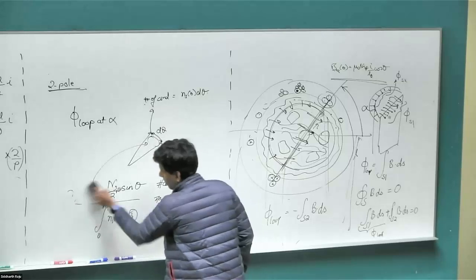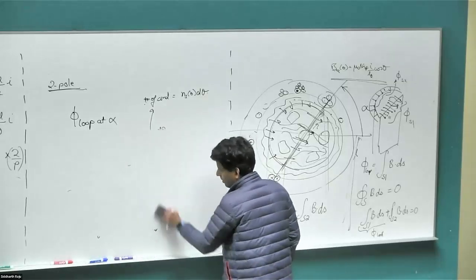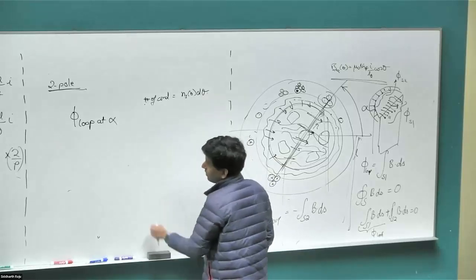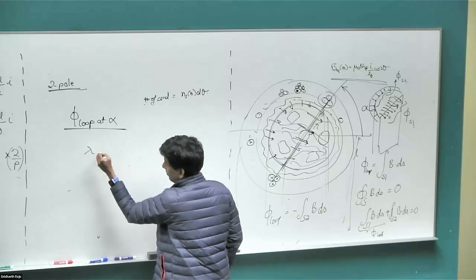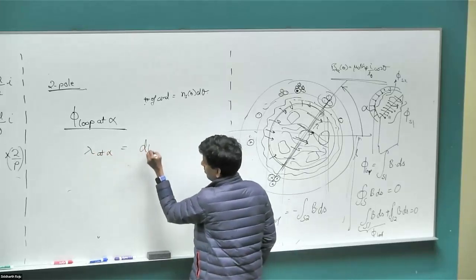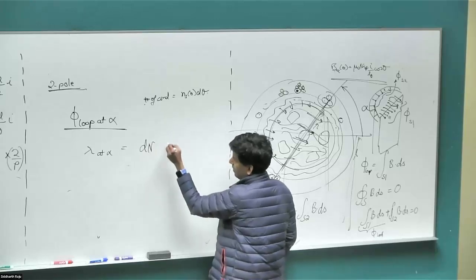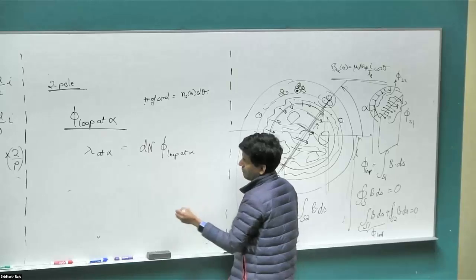So we have the flux linkage at some angle alpha, which is just going to be equal to the number of conductors at that angle times the flux of the loop at alpha.